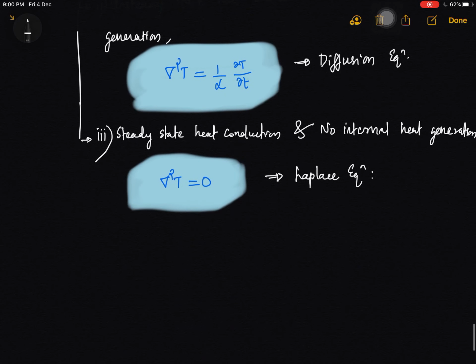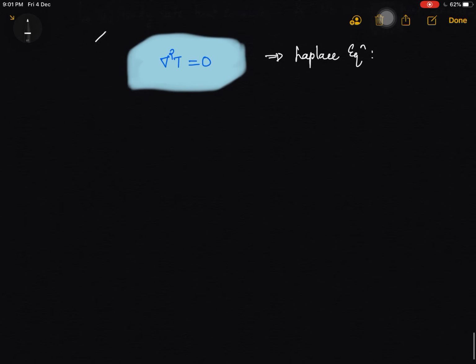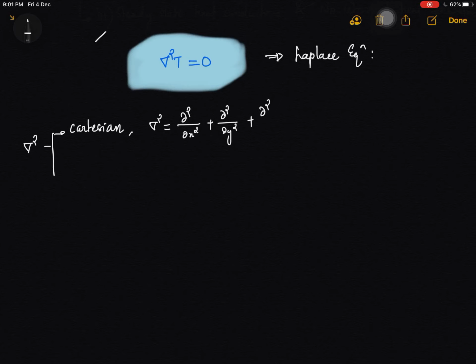We can see in all these equations there is a del square, and this del square can be converted into various coordinate systems depending upon the problems. So let's discuss this del square in various forms. In the Cartesian coordinate system, del square is equal to dou square by dou x square plus dou square by dou y square plus dou square by dou z square.